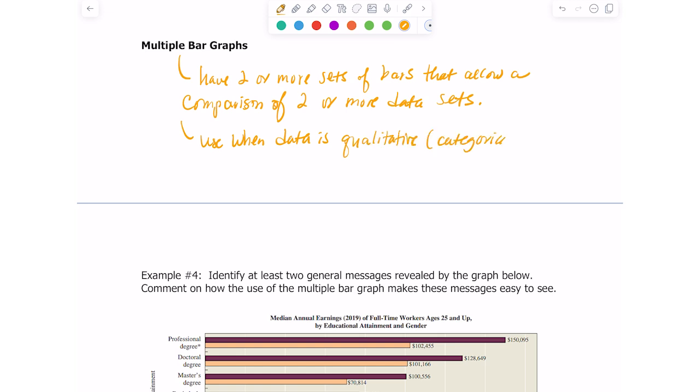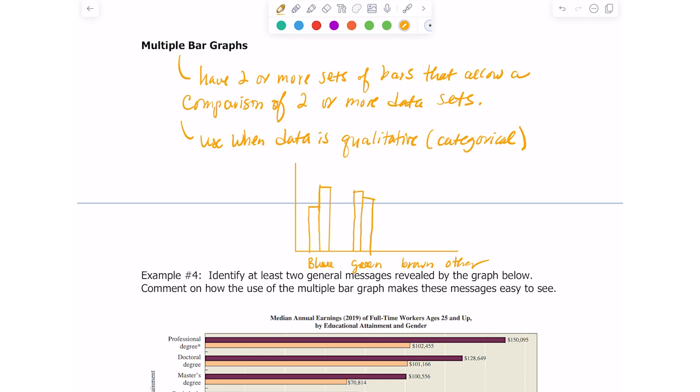So if I wanted to compare, let's say, for instance, males and females, and maybe I want to look at eye color. So blue, green, brown, and maybe other. Okay, and then I've got males and females. So you would have a bar that represents maybe the number of males that have blue eyes, number of females, and then the number that have green eyes for males, and then for females, and so on.